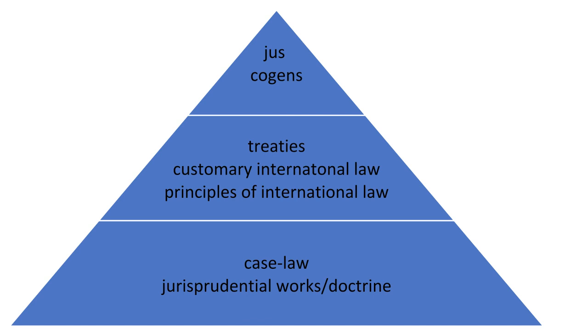But then at the top of the pyramid, it's a small top of the pyramid where I have put in jus cogens. That's Latin for peremptory norms of international law. A peremptory norm is a norm that can never be broken. And they are mandatory. That's the difference. States do not have to accept to be bound by a jus cogens norm to be bound.